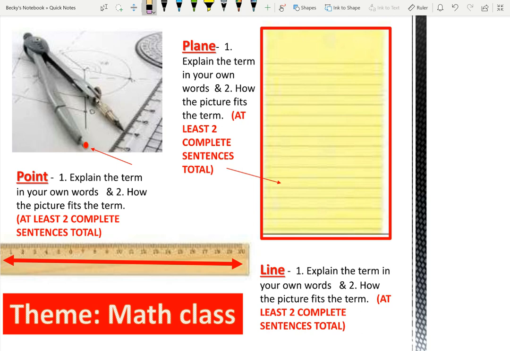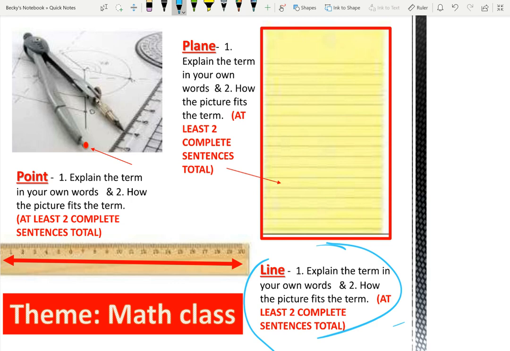So what you're going to do is get a picture, and you can copy and paste these off the internet, and you're going to explain how the picture fits the term. So you're going to explain the term in your own words, and then how it fits.